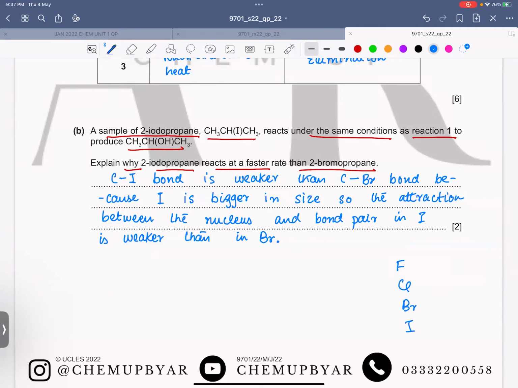So as the number of shells increases, the size gets bigger, and the valence electron is further away from the nucleus. When the valence electron forms a bond by pairing with the electron of another atom, that bond pair is far from the nucleus in the bigger atoms. So they are loosely bonded to the nucleus, or there is a lower attraction between the nucleus and that bond pair. That's why it can be easily broken, right?